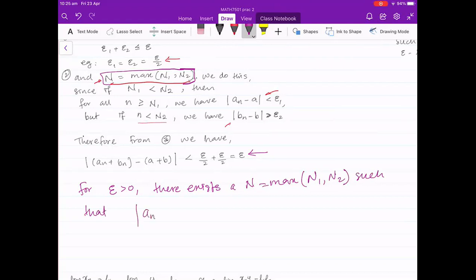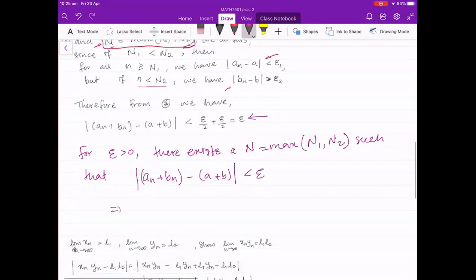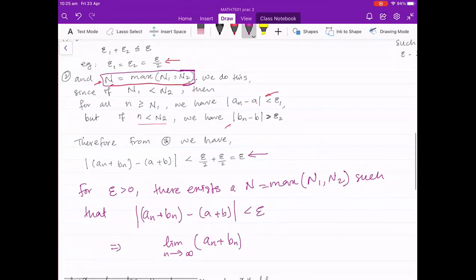we have an plus bn minus a plus b less than epsilon, which implies the limit as n tends to infinity of an plus bn is equal to a plus b.